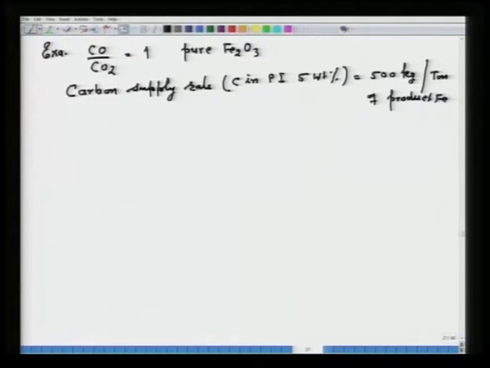Okay? This is the problem. Now, we will find out what the enthalpy supply is, in kilojoule per kg mole of product iron.